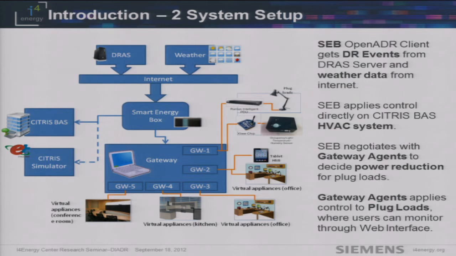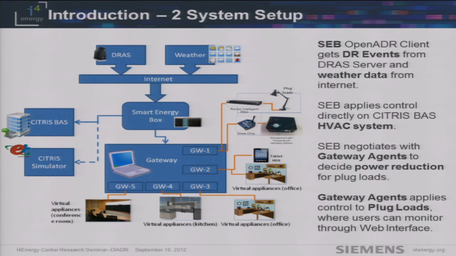One aspect is that it has to talk to the smart energy box, because the smart energy box is the brain of this building. It is the one that can get the demand response signals and the weather information. It can read the meter of the entire building, so it knows what the power consumption is. So if anyone would send out a command for plug loads, it would be the smart energy box.